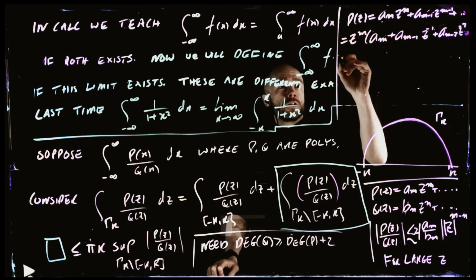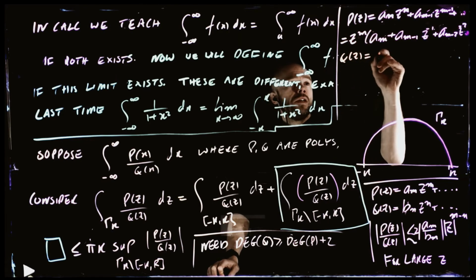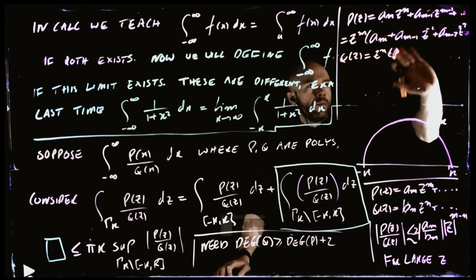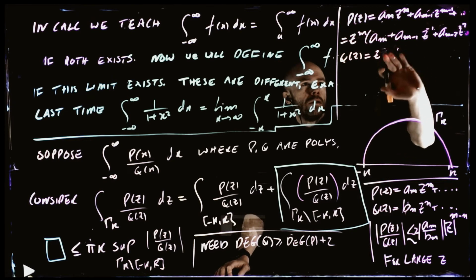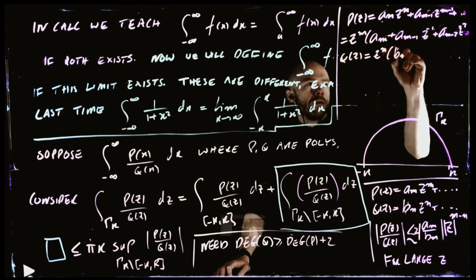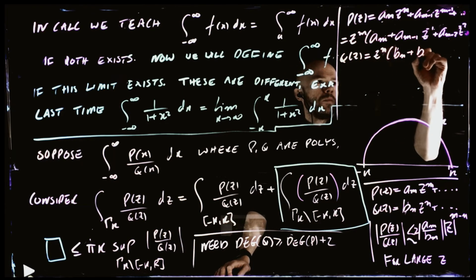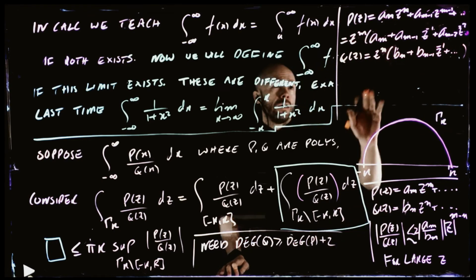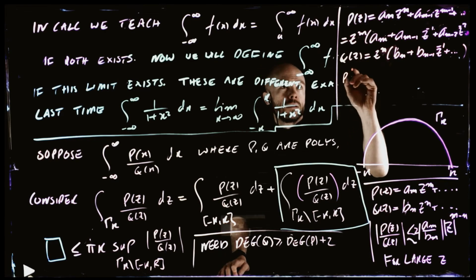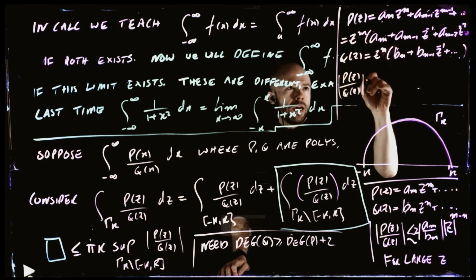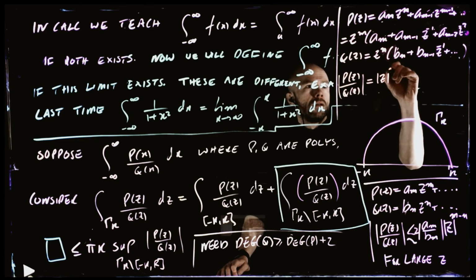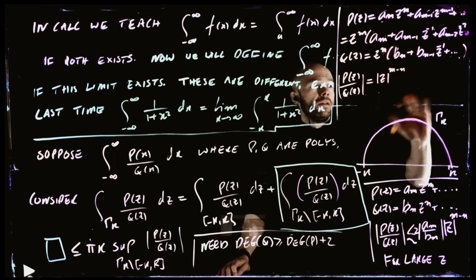And we do the same trick for Q. So Q of z equals z to the n, and I called it bn, plus bn minus 1 z to the minus 1 plus a whole bunch of terms that go down to 0. So then when we consider this P of z over Q of z absolute value, then it is like the absolute value of z to the m minus n, and then these expressions here.